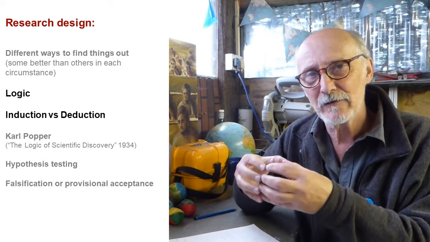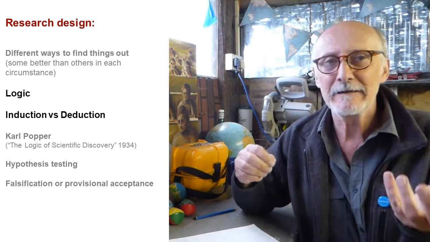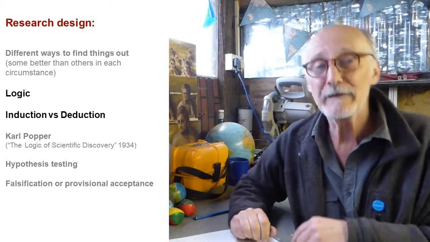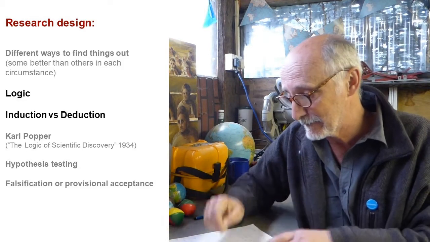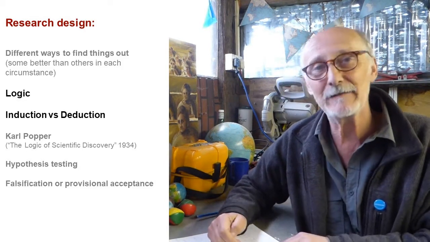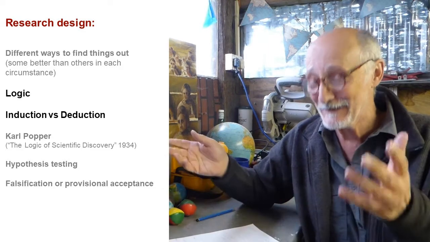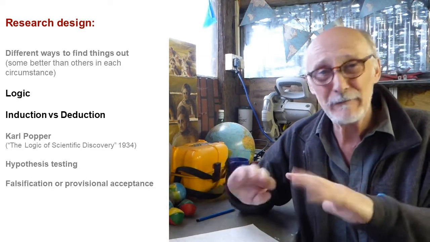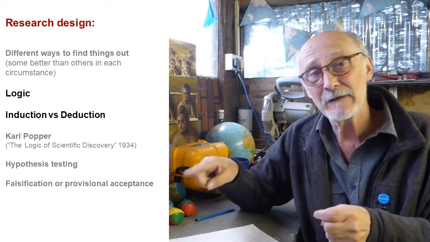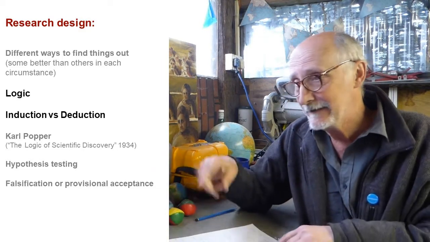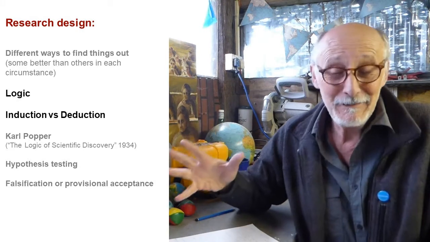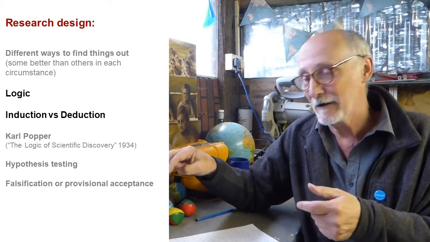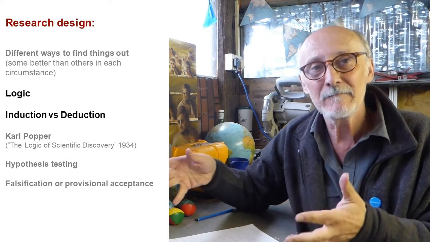Now let me give you a silly example just to illustrate how that can go wrong. Suppose I look at all the undergraduate dissertations that have been presented over the last 30 years that I've been involved in marking, and I look at all sorts of things about them, but I notice the typeface. It turns out that all the dissertations that got first class marks were in Times New Roman.